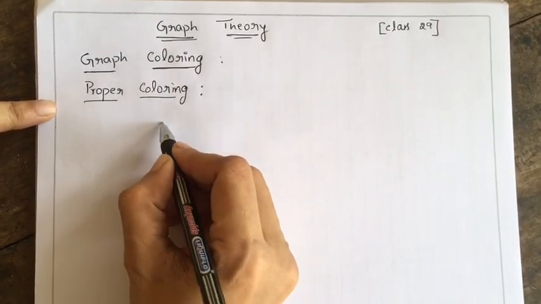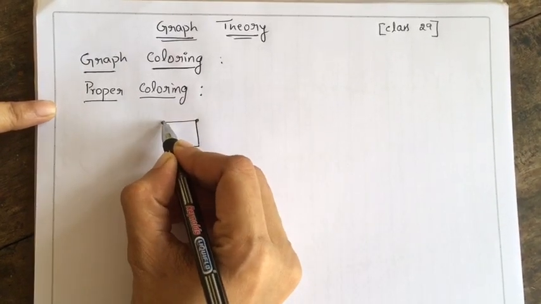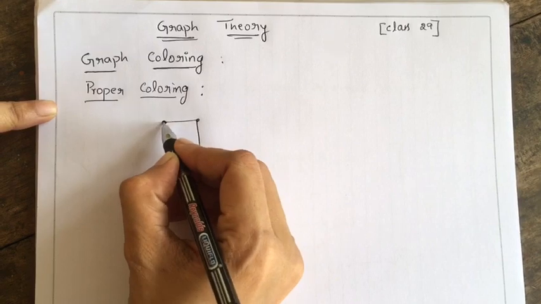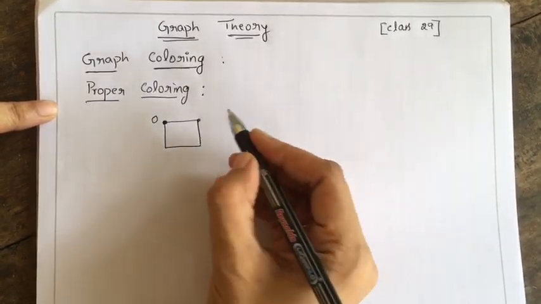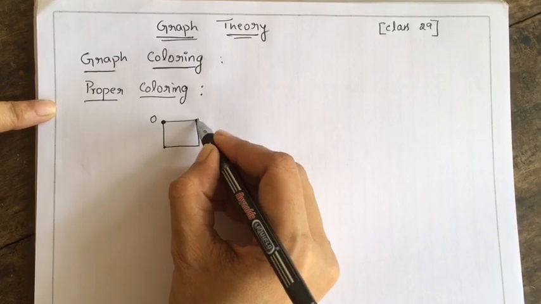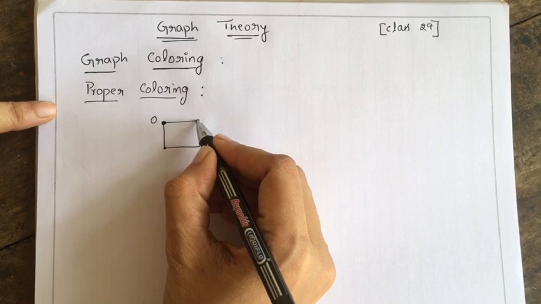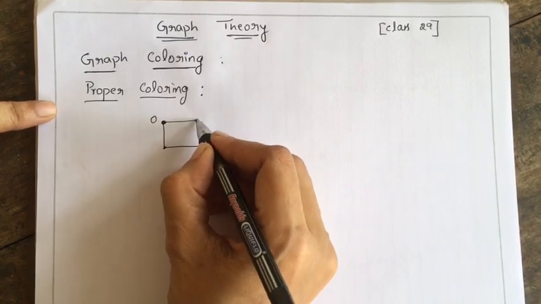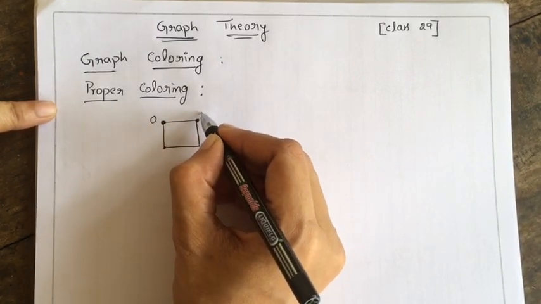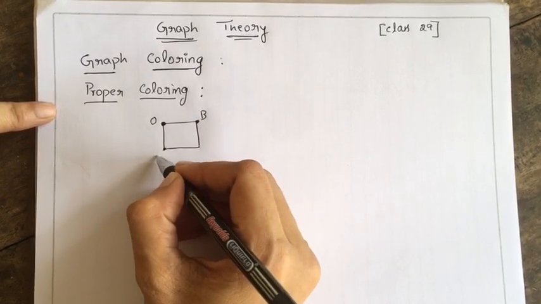I mean to say, if I have this as my graph and I'm going to color this vertex, say, with orange, then these two are the vertices which are adjacent to this. I should not give orange color to these two vertices. I can give, say, blue. Here I can give blue, green, or whatever.